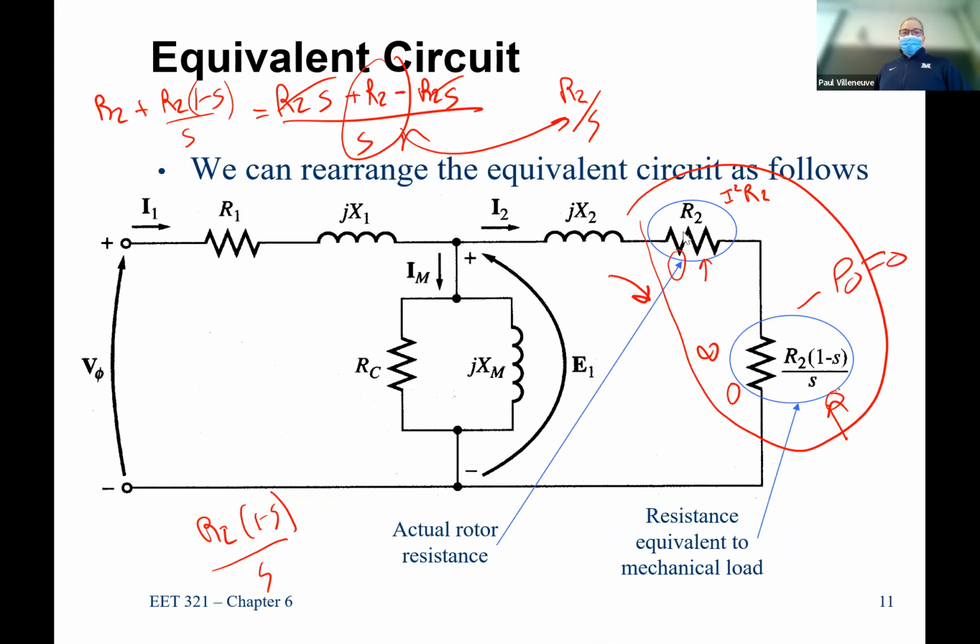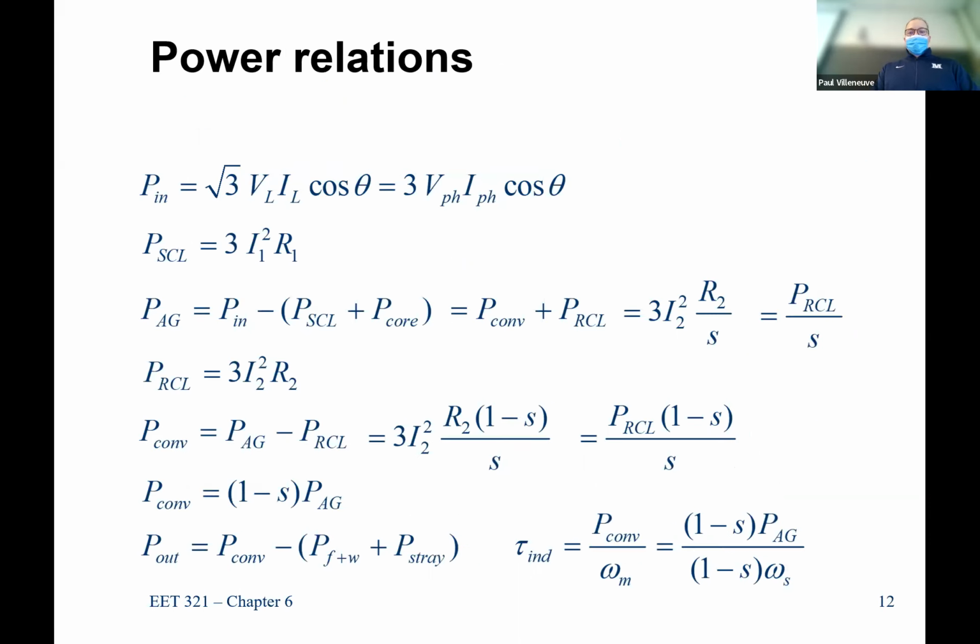So combining these two, we got this R2 over S, all the real power loss can be identified in this location here, which means it's 3 times I squared R2 over S. If I look at this closely, 3I squared R2 looks awfully similar to something. It's the rotor copper losses. We just divided by S because we have that term there.